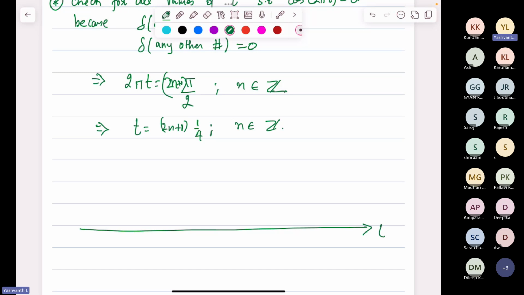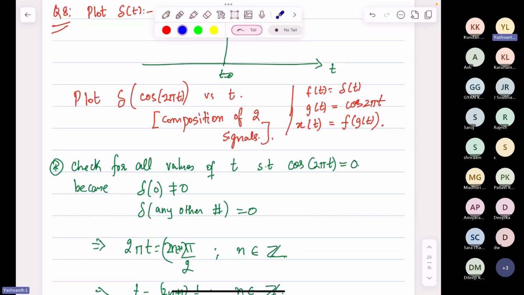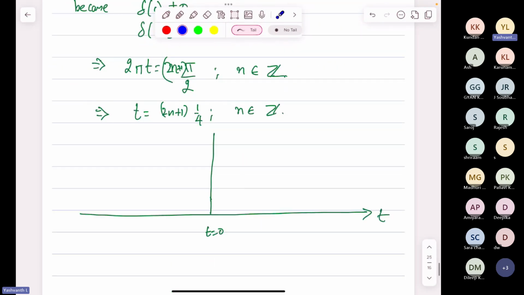Draw the t-axis. This is at t equal to 0. At t equal to 0, will you have a delta function? No, right? Because at t equal to 0, cos 2 pi t is equal to 1. Delta of 1 is 0. Delta of 1 is not non-zero. Therefore, you will not have a peak at t equal to 0. But you will have them at odd multiples of 1 by 4.